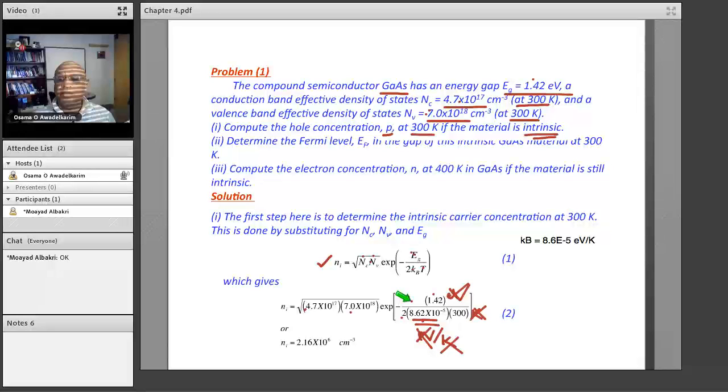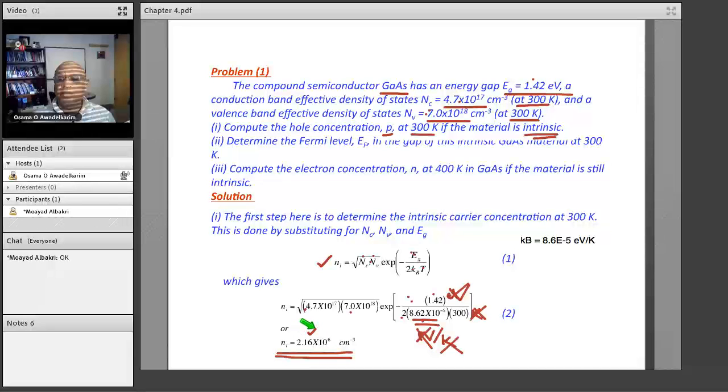So we substitute for T, 300 Kelvin, and what we get is Ni for gallium arsenide, 2.16 times 10 to the 6 per cubic centimeter.